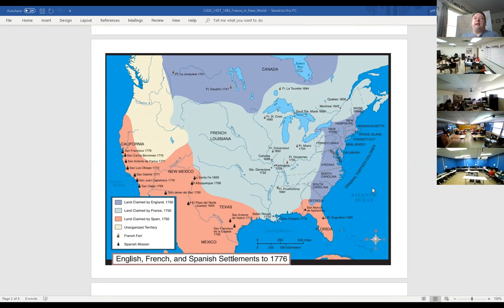And the French continue to build forts pretty much on the edge here, where the territory met British colonies and French territory. They continued to build forts as a buffer between them and the British.